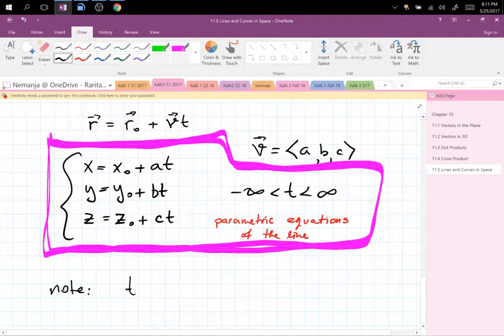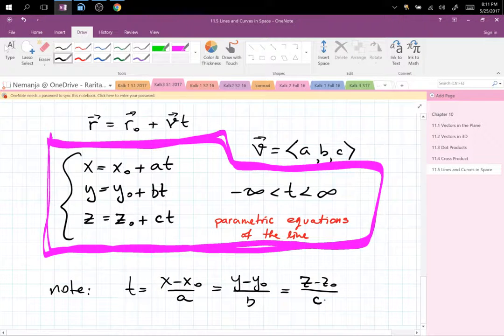note that you can solve each one of these for t, right? Because in the first one, you have x minus x0 over a, and that's equal to y minus y0 over b, which is equal to z minus z0 over c. Now, that equation is useful when you're computing certain problems. So this is just like a side note.